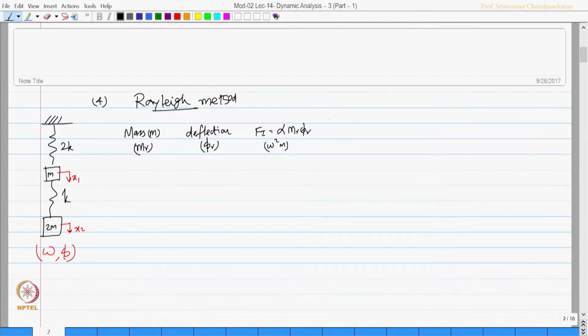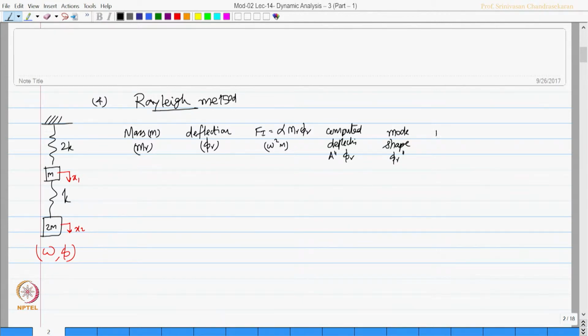Then we say computed deflection, which is a double prime of phi r. Then we say mode shape, which is phi r double prime.